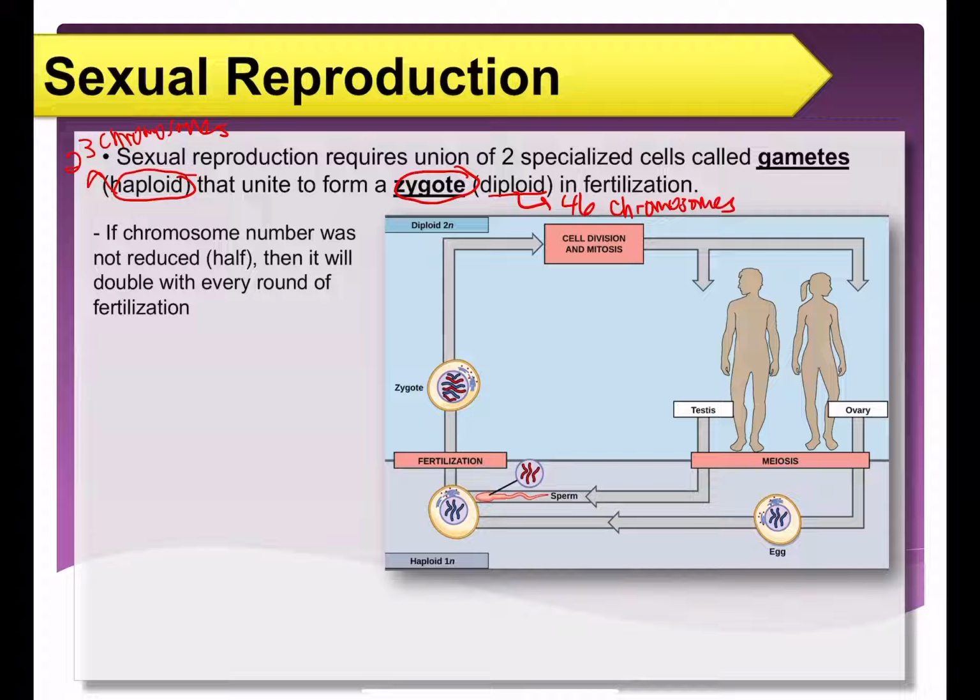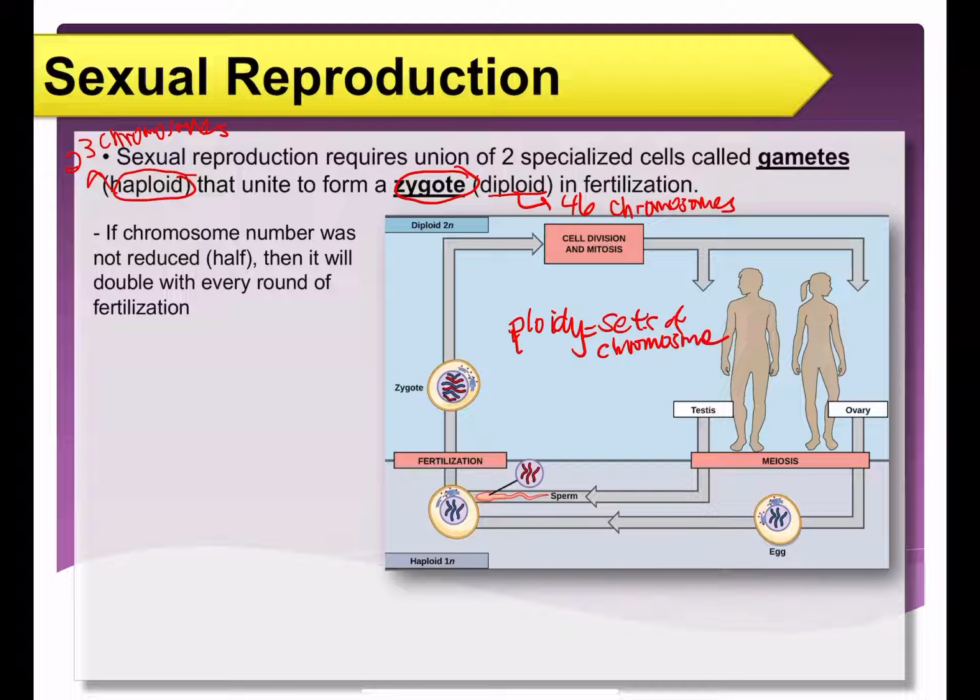Now, remember that ploidy refers to how many sets of chromosomes a cell has. So remember, ploidy, sets of chromosomes. Okay?